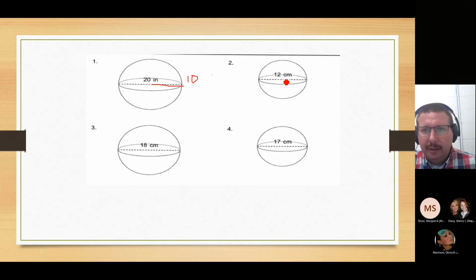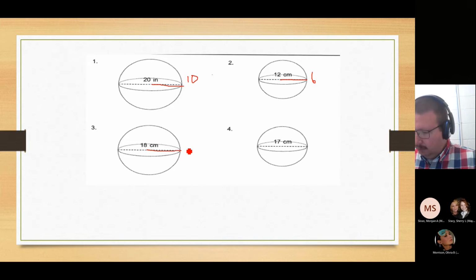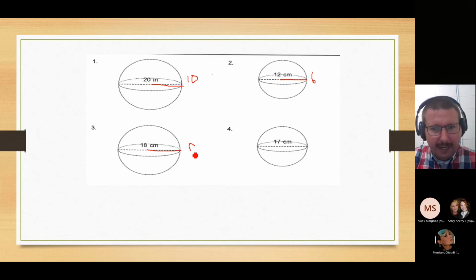Number 2, the diameter was 12, but you only want half of it because it's the radius. There's your 6. On number 3, I gave you diameter, but you only want the radius. So it's going to be 9 for the radius.